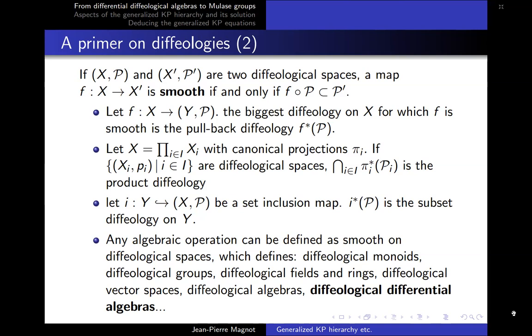Imagine diffeological monoids, where the composition is smooth, and diffeological groups, where the composition and the inverse map are smooth. Diffeological fields, rings, vector spaces, algebras. And what is interesting for me in this talk is differential algebras. So it is a diffeological algebra with operations that are smooth and with a derivation which is smooth too.